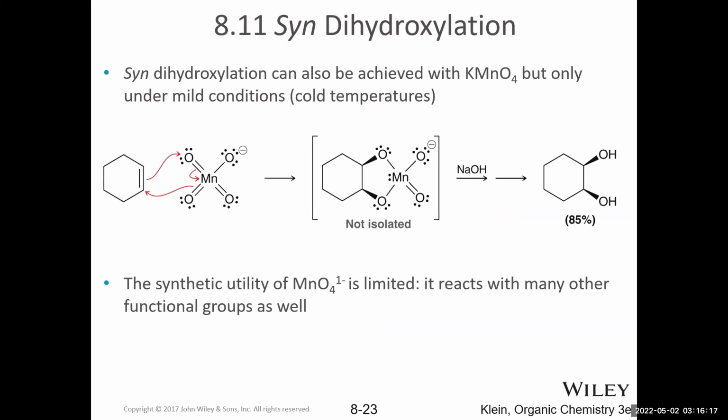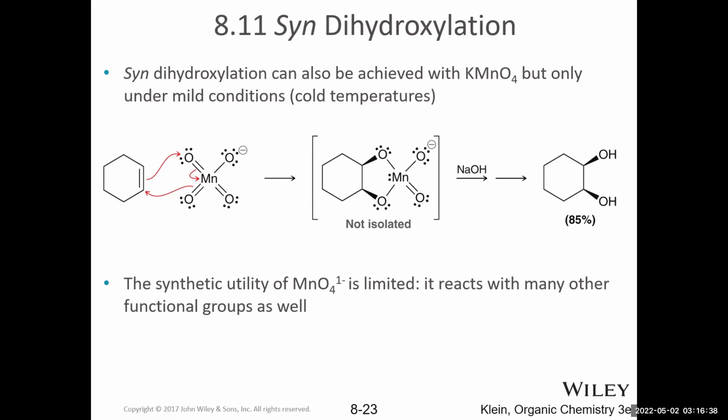Syn dihydroxylation can also be achieved with potassium permanganate, but only under very cold temperatures because potassium permanganate is a strong oxidizing agent that can oxidize alcohols further to form other products, which would be undesired if this was our desired product.